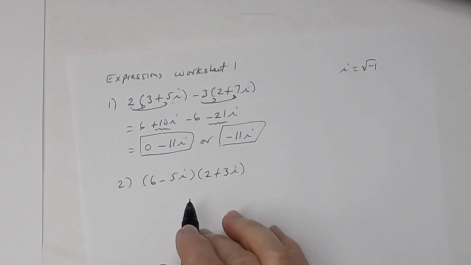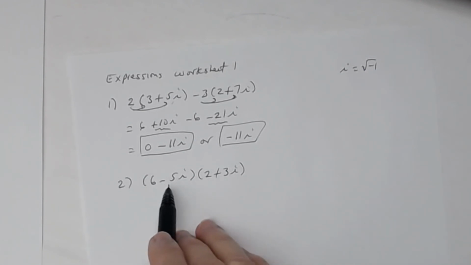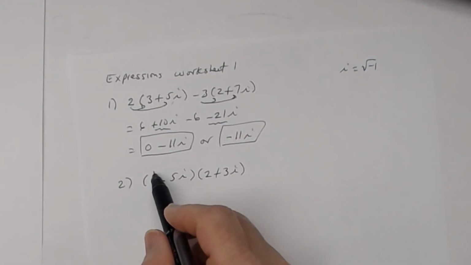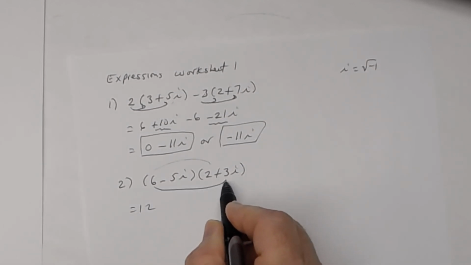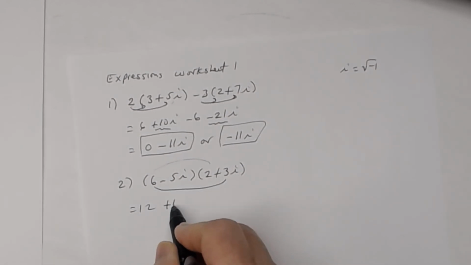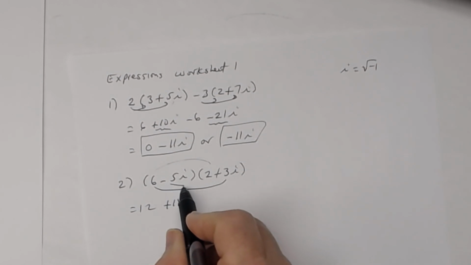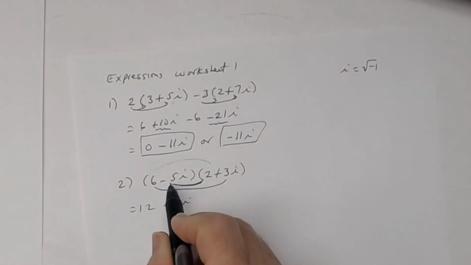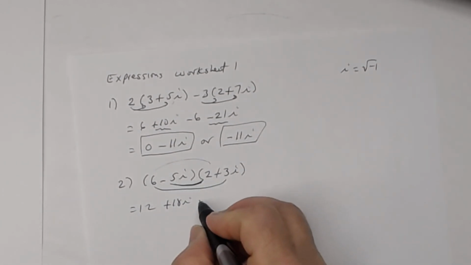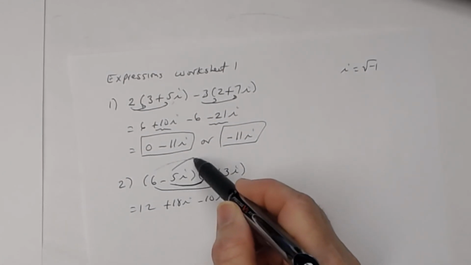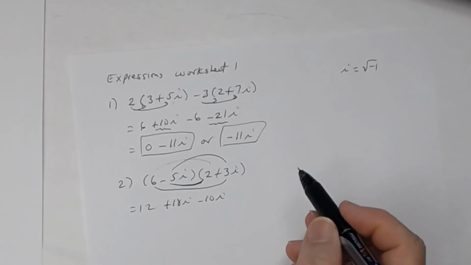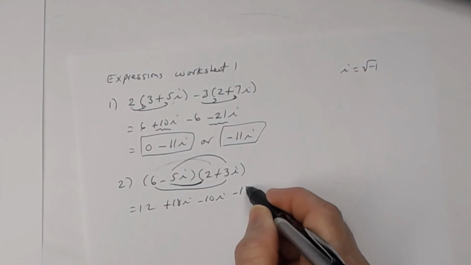But I can use that same idea and use the FOIL method. 6 times 2 is 12. The outer, 6 times 3i is 18i. The inner, negative 5i times 2 is negative 10i. And the last, negative 5i times a positive 3i is negative 15 i.